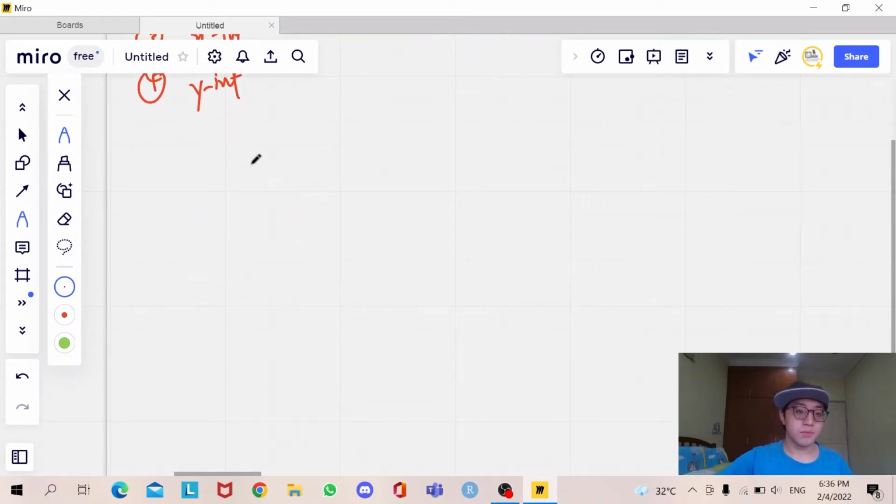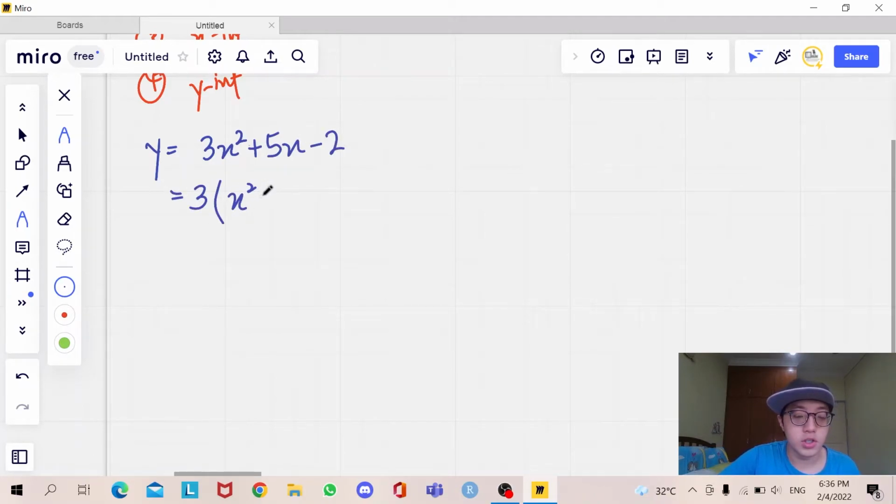So y is equal to 3x squared plus 5x minus 2. First thing, you need to make sure that your coefficient of x squared is 1, so you bring out the 3: 3 times x squared plus 5 over 3 x minus 2 divided by 3.